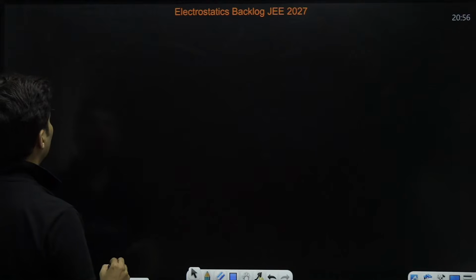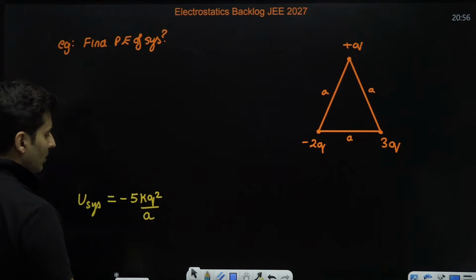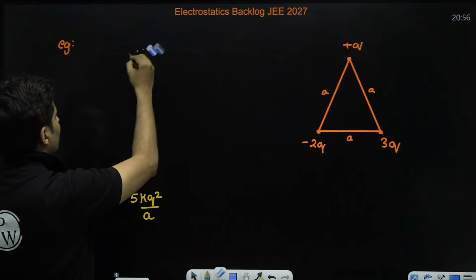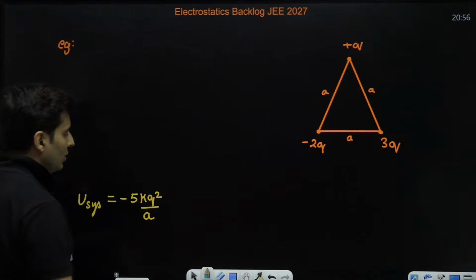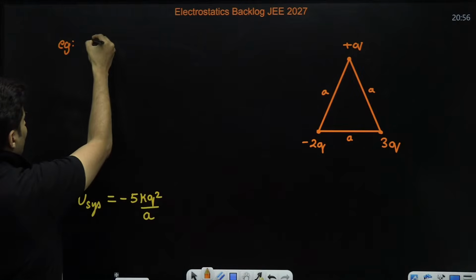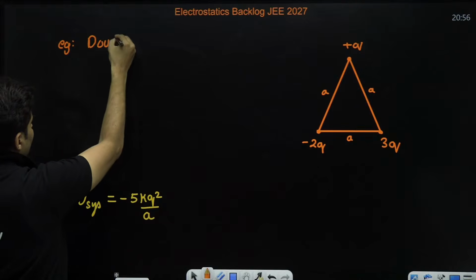Oh, I can't move this. Okay, for some reason I can't move this. Now we had calculated the potential energy of the system, which was minus 5kq square by A. Let's say I take this triangle and double the size.